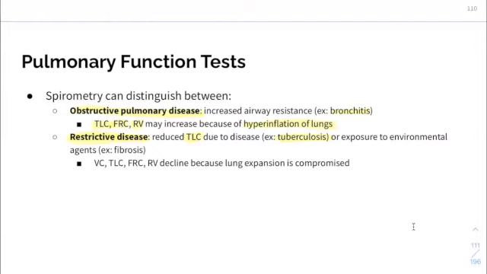And when that damage happens, the way our lungs heal itself is the same way the dermis heals itself. Fibrosis causes scar tissue. That affects your vital capacity, your total lung capacity, your functional residual capacity, and it affects the residual volume.